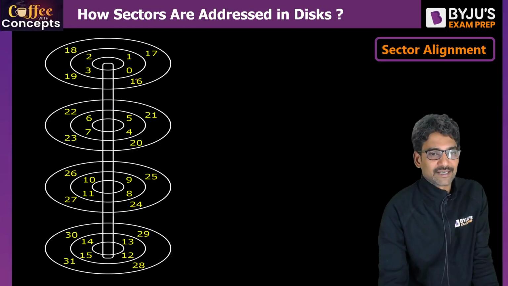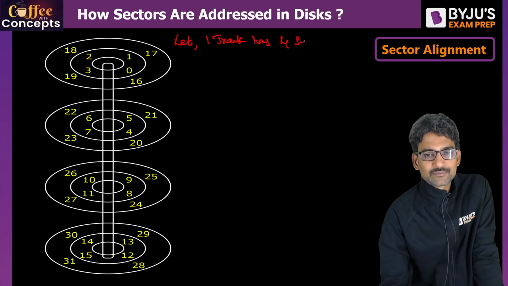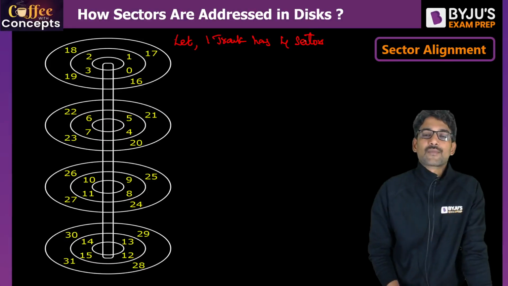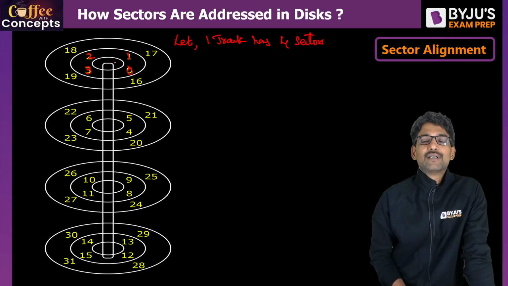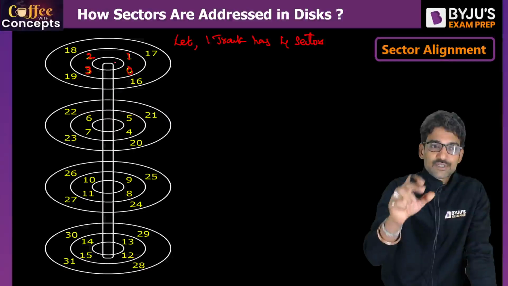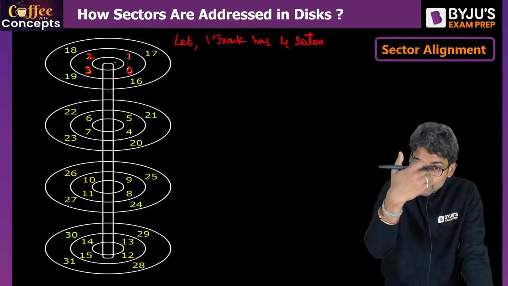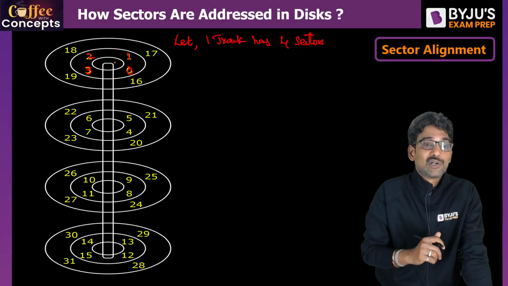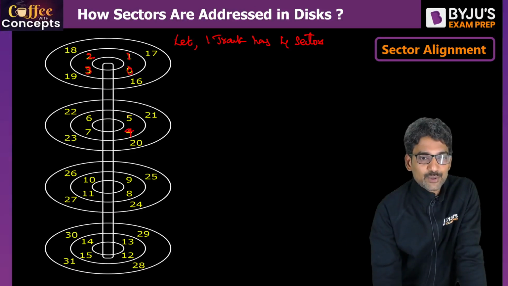Now you can see how the sectors are aligned on the tracks of every surface. You can see the numbering, guys. Let us suppose, just for easy understanding, that one track has 4 sectors, numbered from 0. Any numbering starts with 0. So 0, 1, 2, 3 on the top surface, first track, innermost track. The numbering continues not on the very next track, but on the next surface, first track: 4, 5, 6, 7.